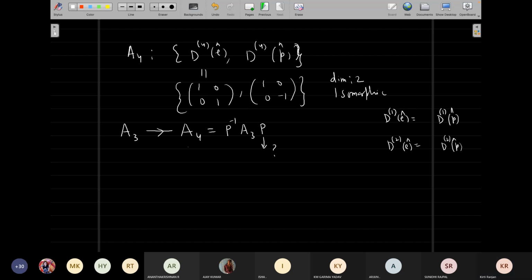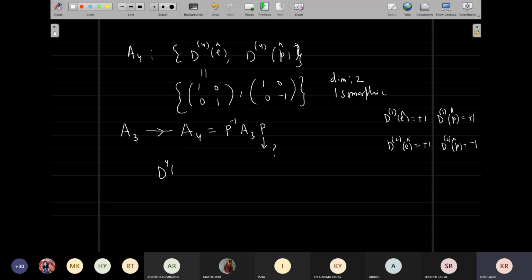So what were these values? Just remind me quickly. D1E plus 1, right? D1P plus 1. Plus 1, excellent. D2E plus 1. Plus 1. D2P minus 1. Minus 1.